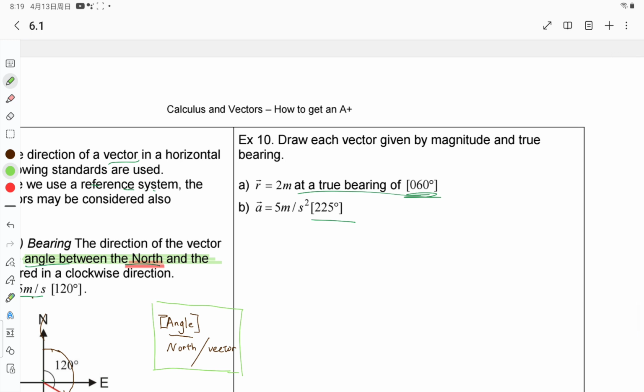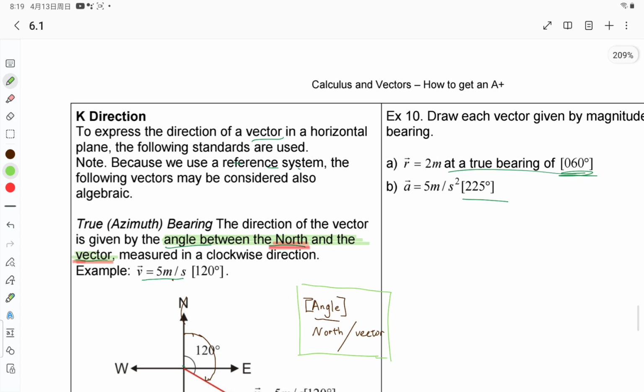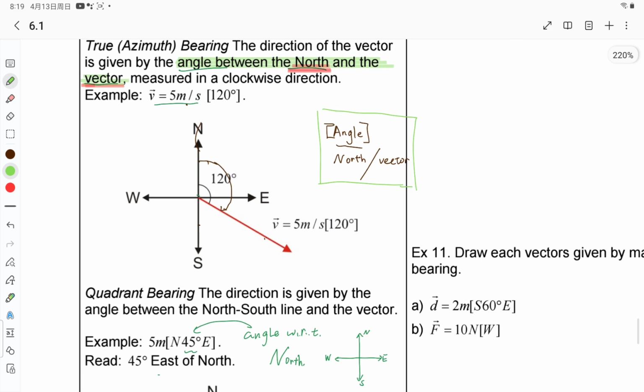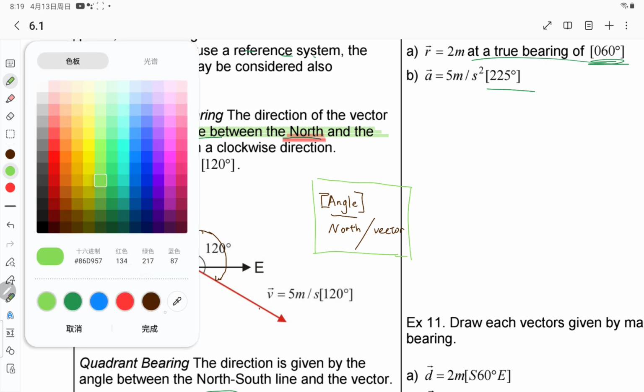Okay. So draw each vector given by magnitude and true bearing. Yeah. True bearing. Okay. Oh, sorry. Okay. You see, I even made a mistake. This is a true bearing.